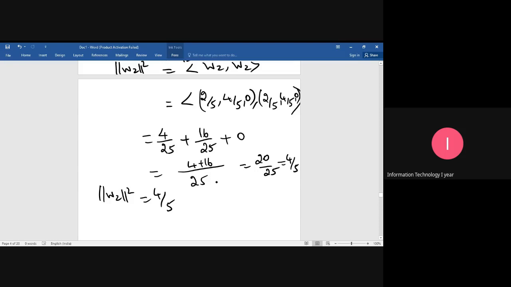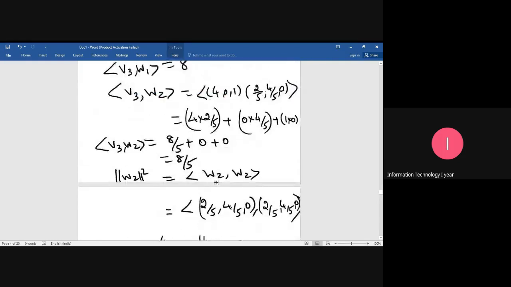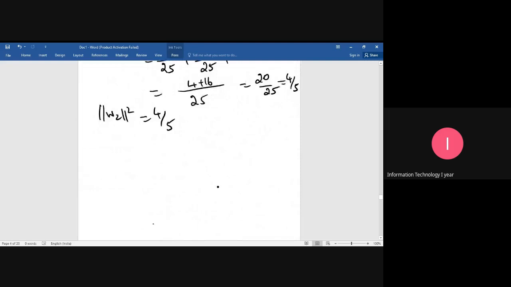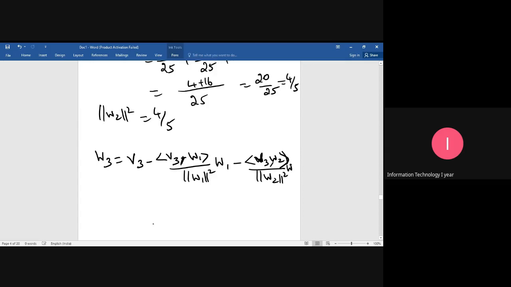Therefore, write W3 now. The formula says V3 minus inner product of V3 comma W1 divided by norm W1 square into W1, minus inner product of V3 comma W2 (sometimes written as inner product of W2 comma V3, that is also the same) divided by norm W2 square into W2.